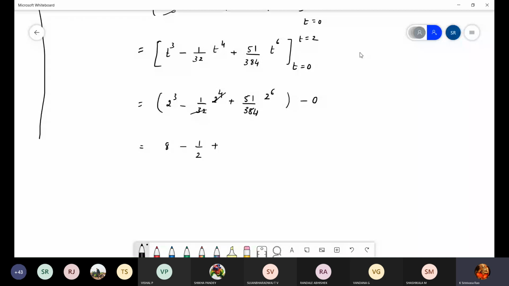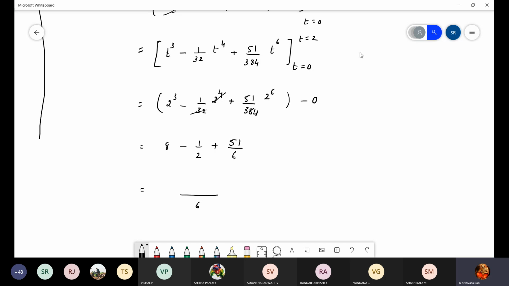51 by 6. 2 power 4 is 16, 2 power 5 is 32, 64 and 384 give 6. And finally, take the LCM. 6 is the LCM.